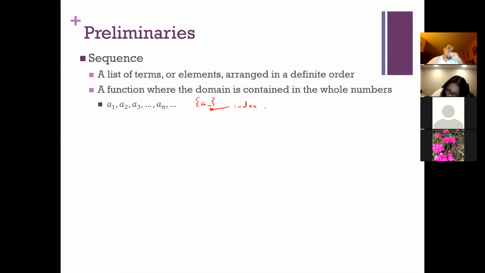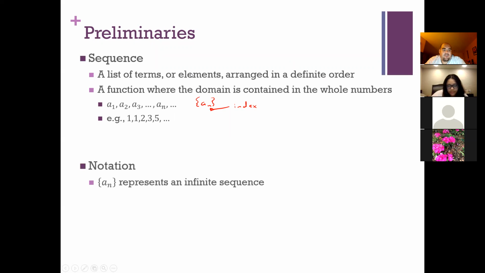Whatever the value of that index is, that's the term I care about. So a sub 2 is the second term, a sub 3 is the third term, and so on. I can either refer to a sequence by identifying which terms they are, like the first term, second term, third term, or I can just tell you what the values of the terms are: 1, 1, 2, 3, 5. So I can either show you the index or show you the value of the term.